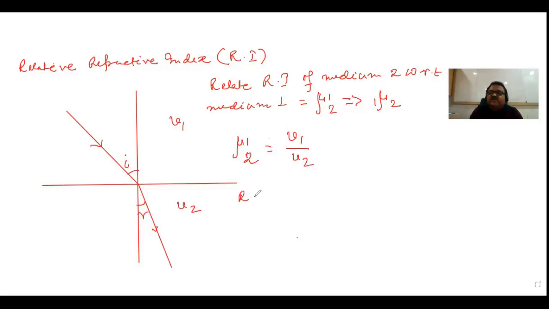So relative refractive index, let me denote it by R.I. That will save time.